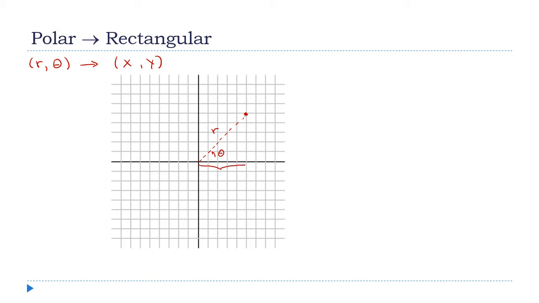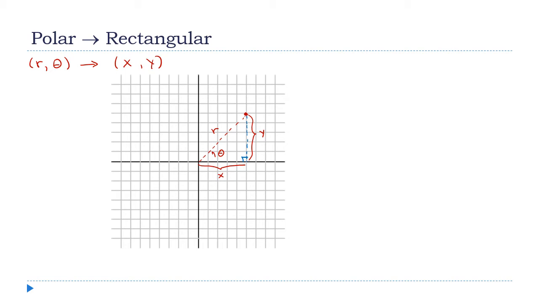What is this distance and this distance? Well, if I drop this line down here and add a right triangle to the mix, now I can use our old school right triangle based definitions.